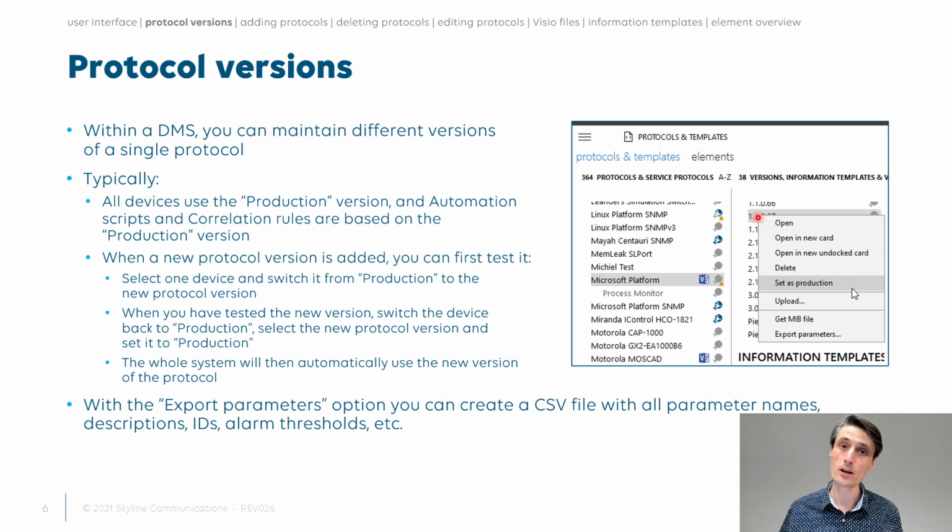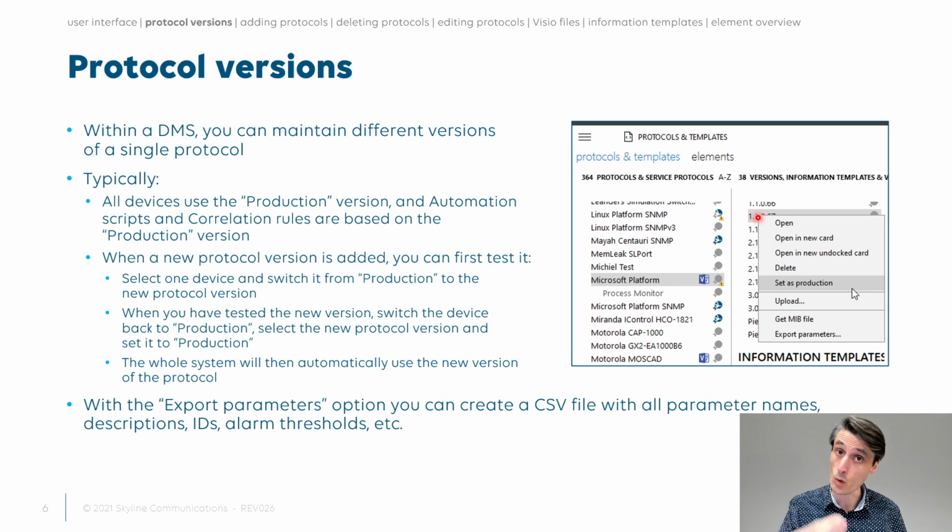So if I have 100 servers or switches or any kind of device in my system, all 100 of them are configured to use the production version. If tomorrow a new version becomes available of that driver, I can install that driver on my DataMiner system and it won't be used yet because they all use production version and it still points to that first version of yesterday.